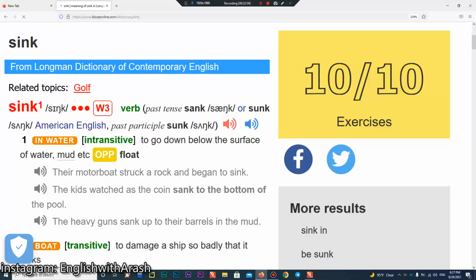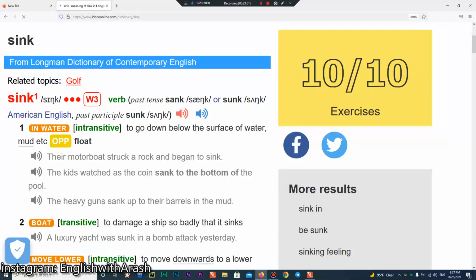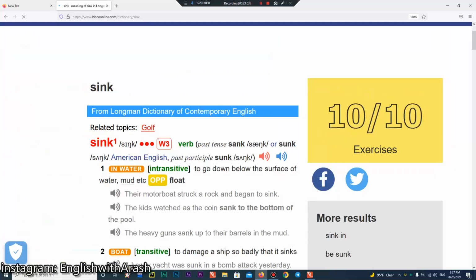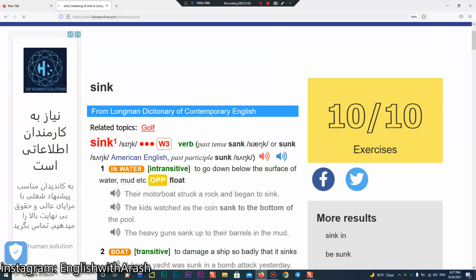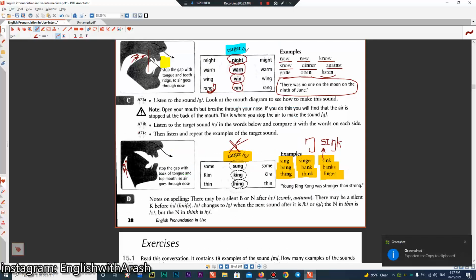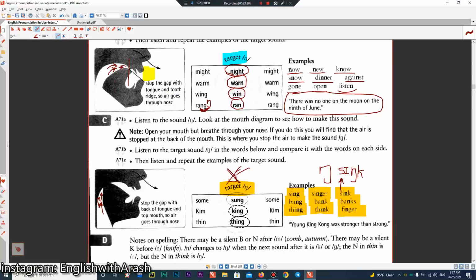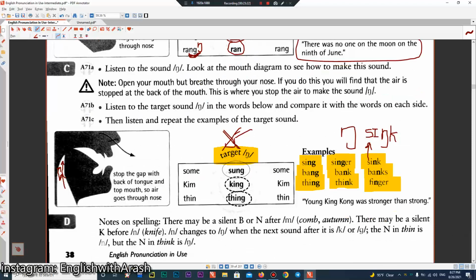Yes. Here you can see that it is pronounced sink. You have that sound that we are talking about, the third sound. Look at here.